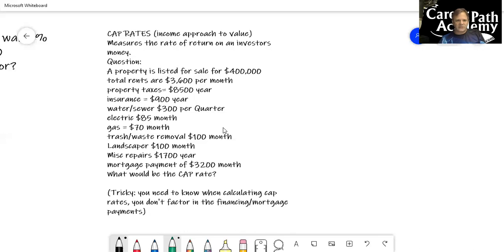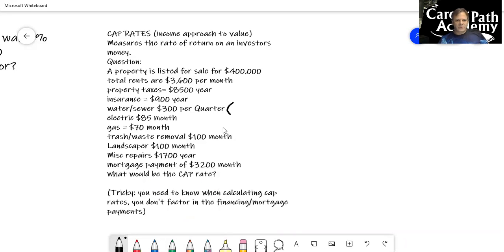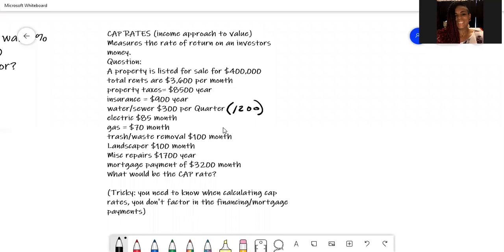So next to this, let me turn that to black ink. You're going to turn this to $1,200. $85 a month, 85 times 12, 12 months in a year, that's 1,020.